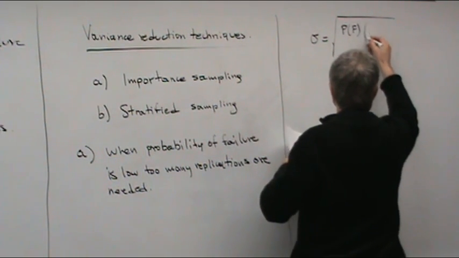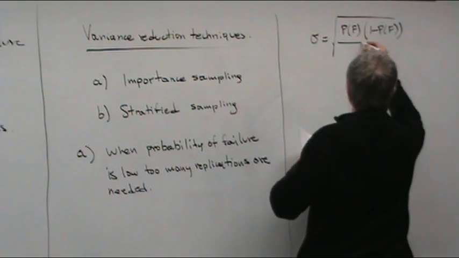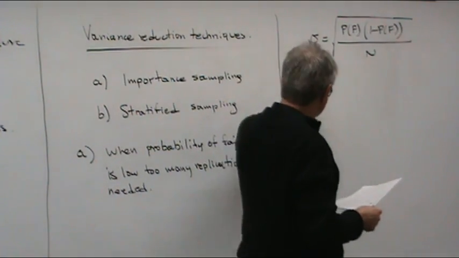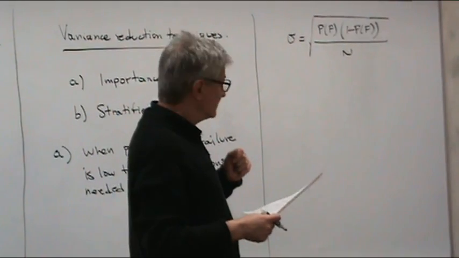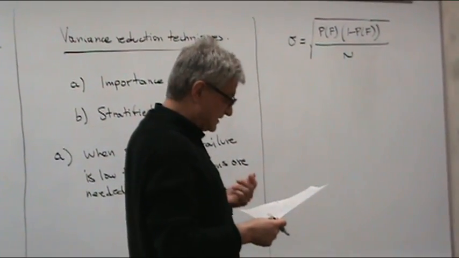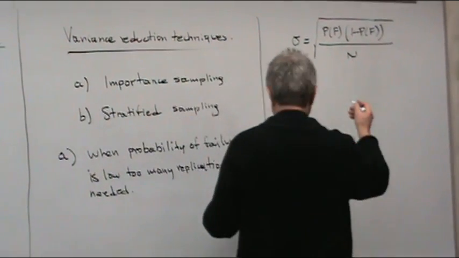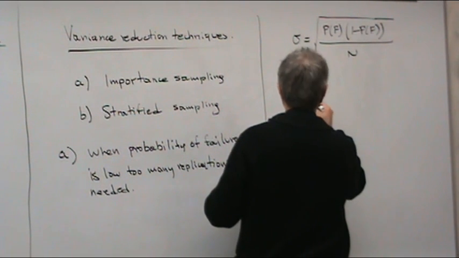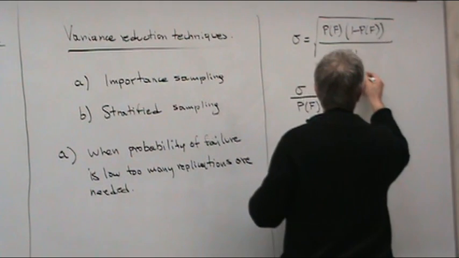The square root of the probability of failure times 1 minus the probability of failure, divided by n.